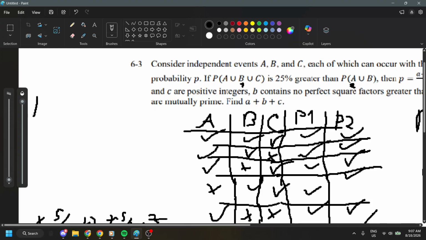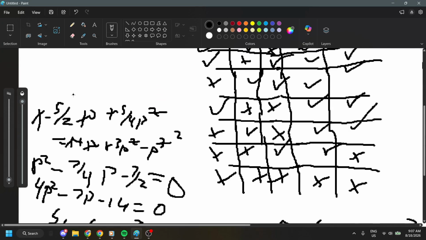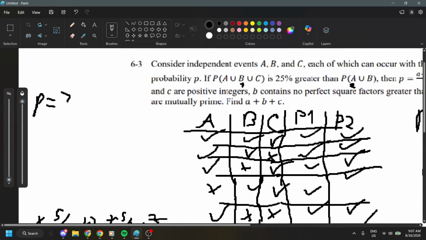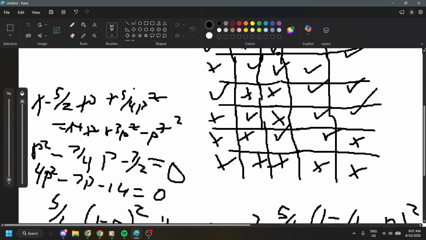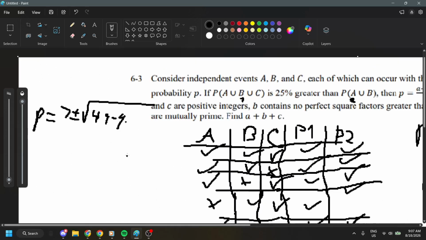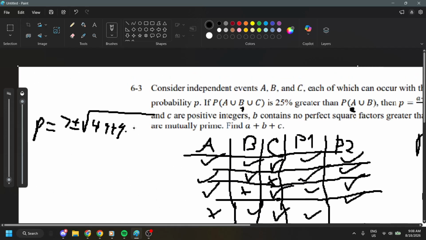So p is equal to 7 plus or minus the square root of 49 minus 4 times 4 times 14, all over 8.